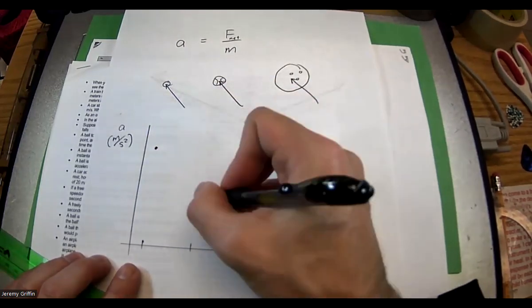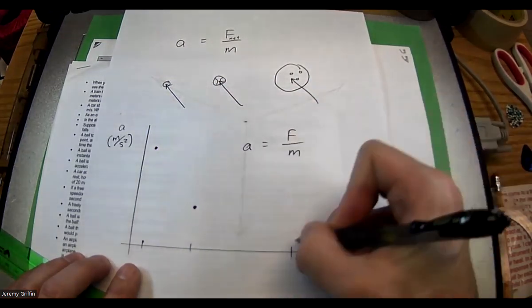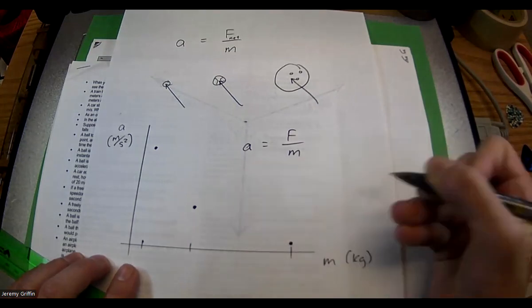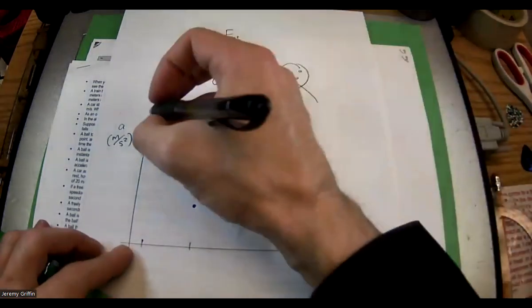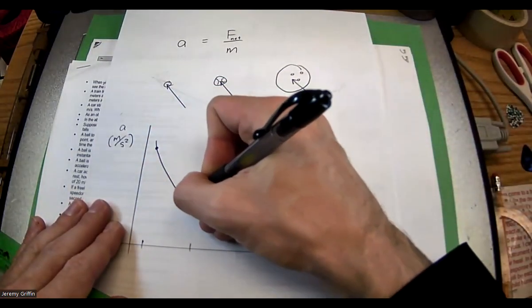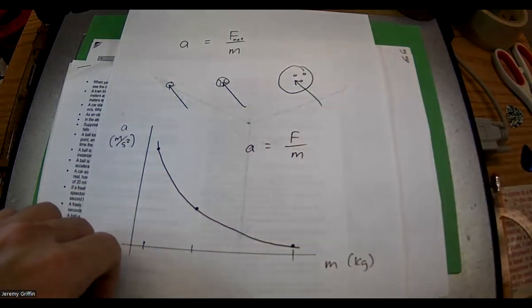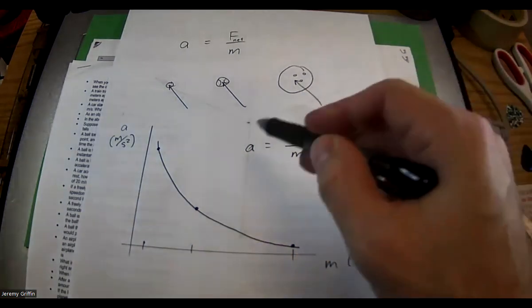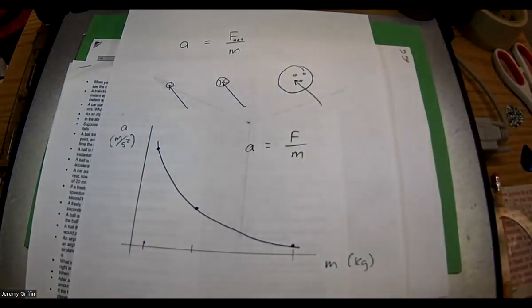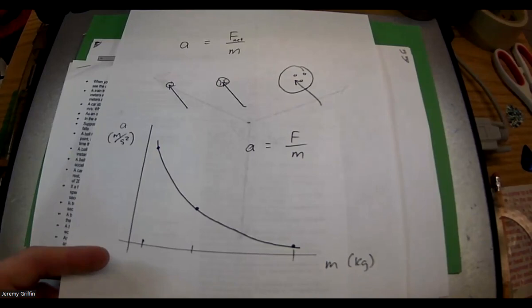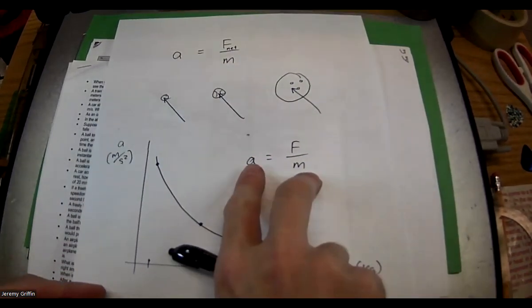The tennis ball maybe kind of medium, and the bowling ball is just going to move a little bit, right? Do you guys see an inverse relationship? I think that's the answer to that question right there. Just like the formula for that graph, there's an inverse relationship between acceleration and mass.